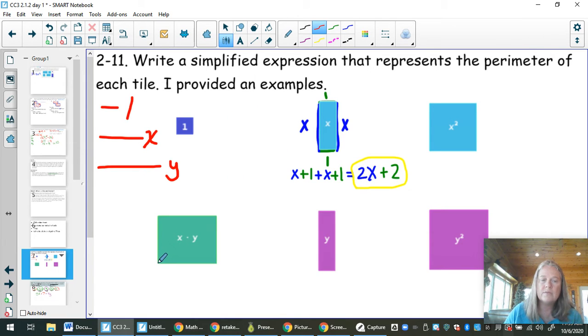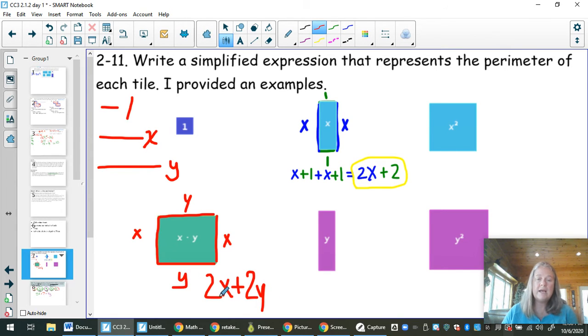So if I go around this shape, I have an x length, followed by a y length, another x length, and a last y length. If I add those 4 side lengths together, I get 2 x's plus 2 y's.